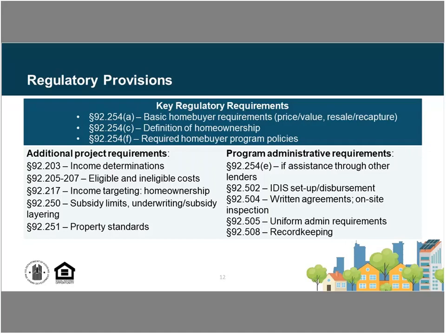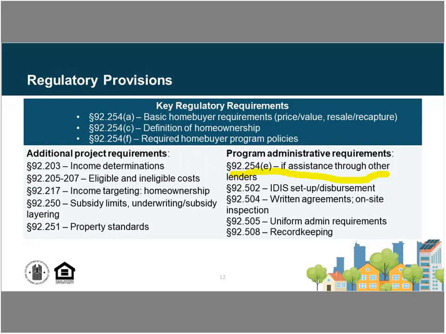There are some additional program administrative requirements that run to the PJ in overseeing these activities, and you see them listed there, the 92.502 through 508 sections that go into things that you're required to manage an activity. The one unique thing to Homebuyer that's listed under program administrative requirements is 92.254(e), as you see on this particular slide.